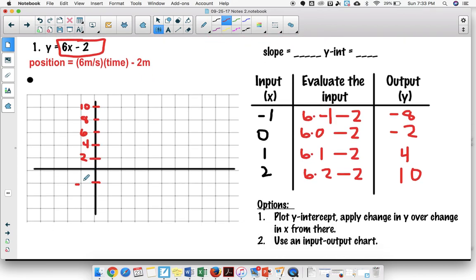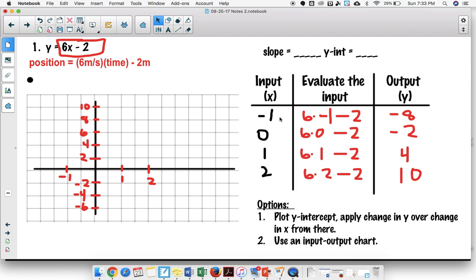Whatever you pick for your scale on the positive side, you have to use that same spacing on the negative side. So that becomes a -6. My inputs are relatively small, so I'm just going to say 1, 2, and then I'll put -1 over here.